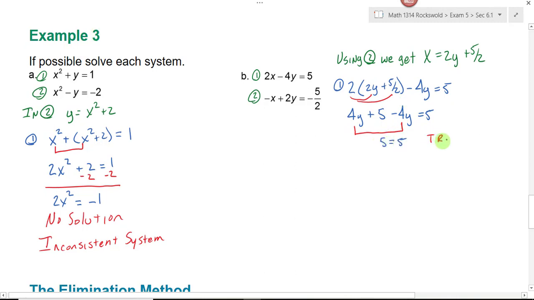Because this is a true statement and all of the variables have dropped out, that means that I have a dependent system of equations and I have an infinite number of solutions. How I would write my answer here is my solution would be the set of ordered pairs (x, y) given the condition that, and then I just pick one of the variables to solve for, and I could say x is equal to 2y plus 5/2. This is one way to write your final answer.